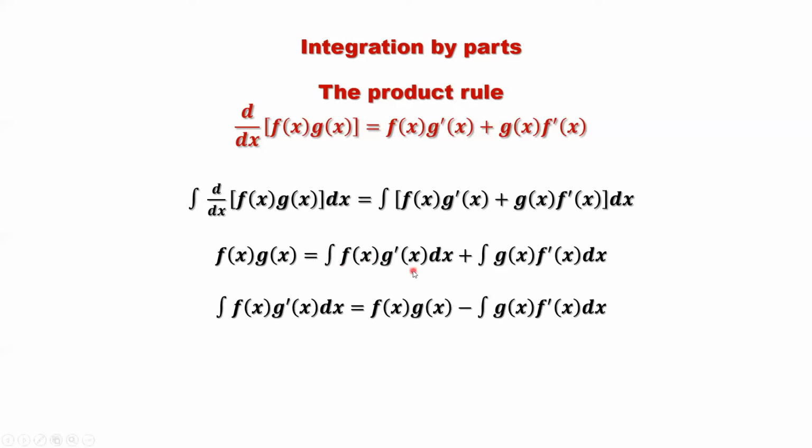Keep this on one side and move this to the other side. So the integral of f times the derivative of g with respect to x equals f times g minus the integral of g times the derivative of f with respect to x.